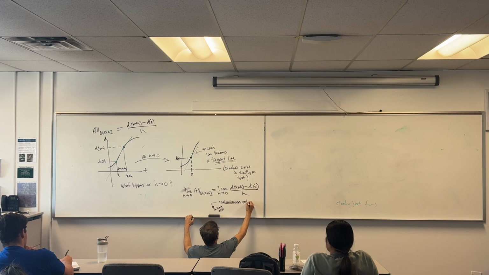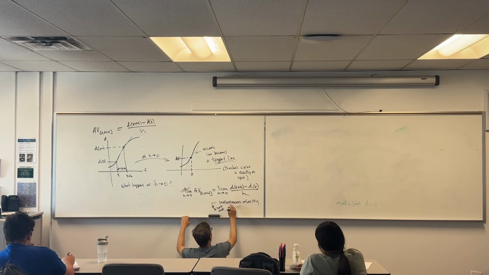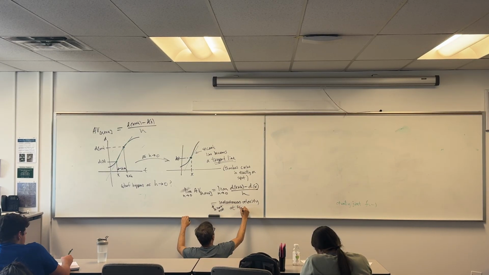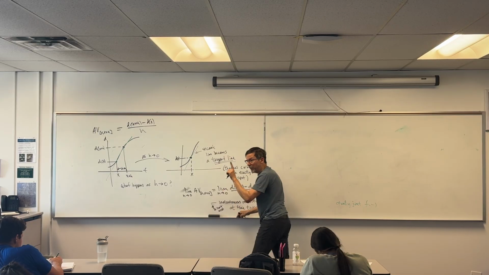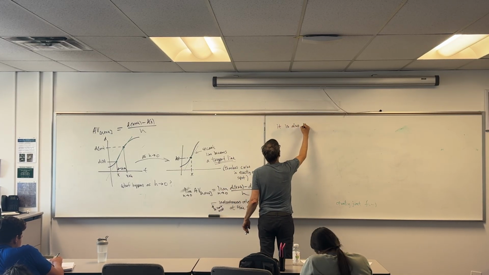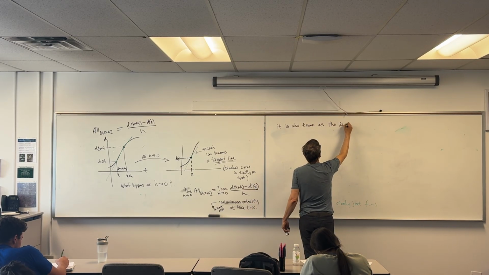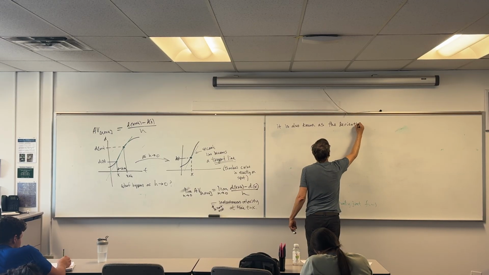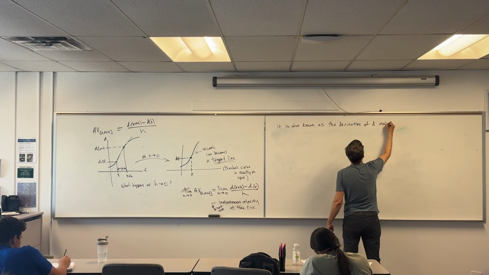And this is literally what Calc 1 is all about. The instantaneous velocity at time x. It looks like I'm making a fraction there, I'm not. At time x. It is also, and I want to introduce some notation, known as the derivative of d evaluated at x.